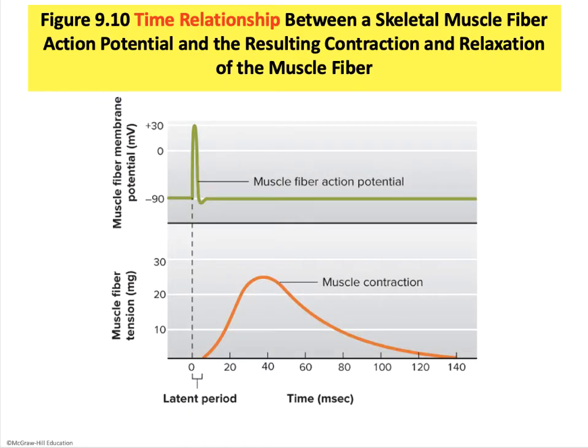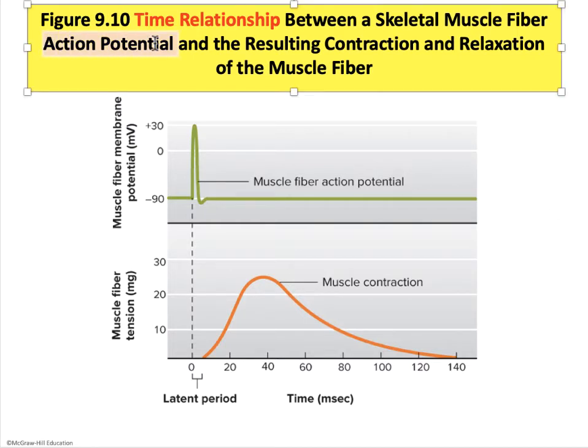Moving on to another principle of muscle activity, that of the relationship between the action potential arriving at the surface of the plasma membrane of the muscle cell and the resulting contraction that's realized as the activity of the contractile apparatus. In these charts, it's important to keep an eye on the axis. In this example, the axis is time in milliseconds, and then we have two different y-axes for each of these graphs.